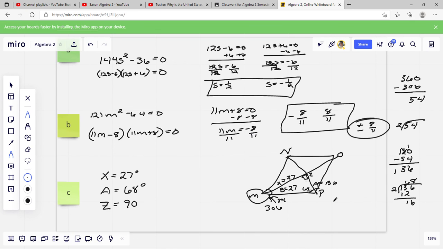I don't know if that's going to work either. That is 27. All right, let me look at the answer, because that should be 90 over there. Those should equal 90, and they do not. So we got some kind of a problem. Something's wrong somewhere. It's probably my terrible diagram.